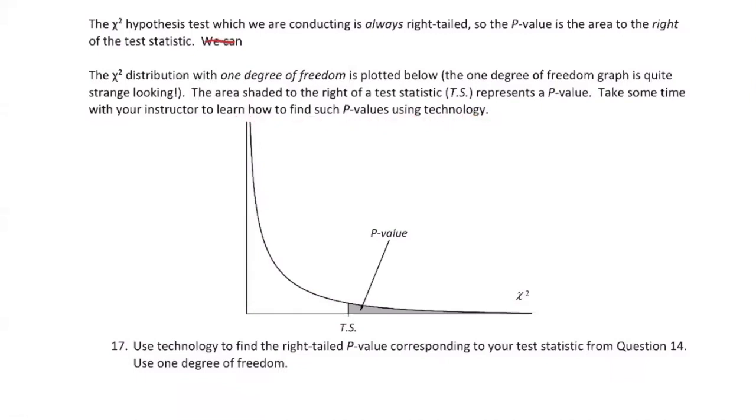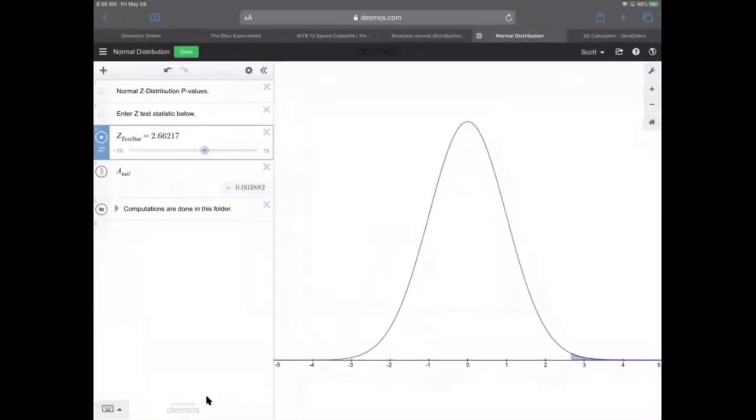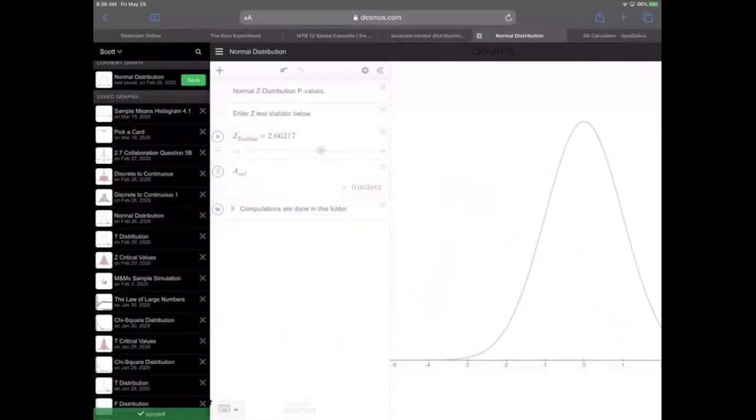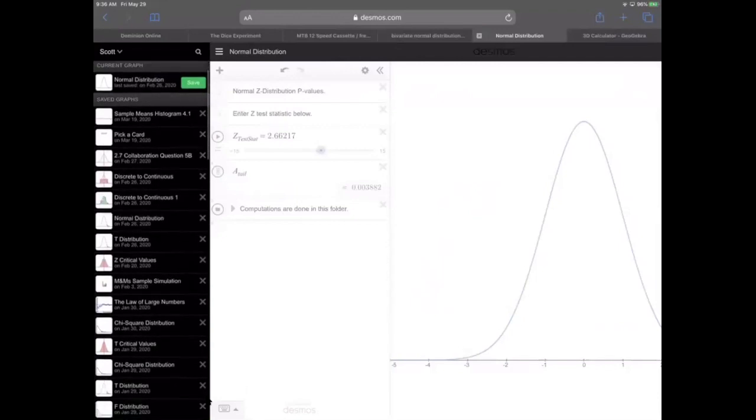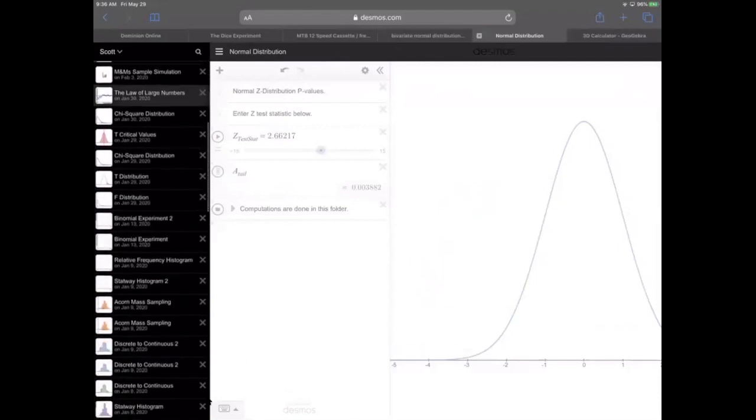Okay, so what I'm going to do for you guys here is I'll post this page that I put together for you in Desmos. I didn't think to do it last night. So I'm just going to hop over to Desmos again real quick. Let me find my chi-square.